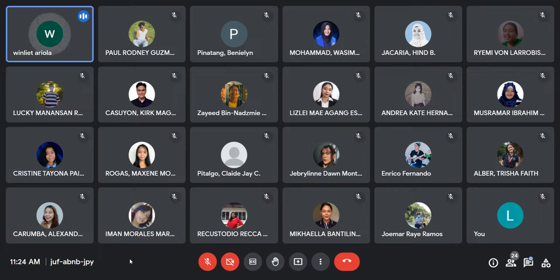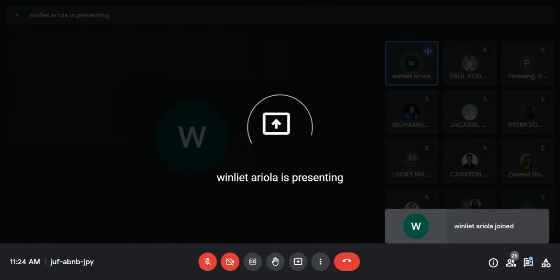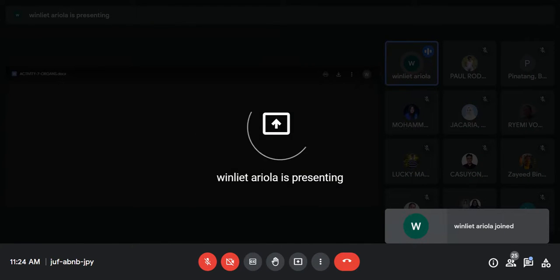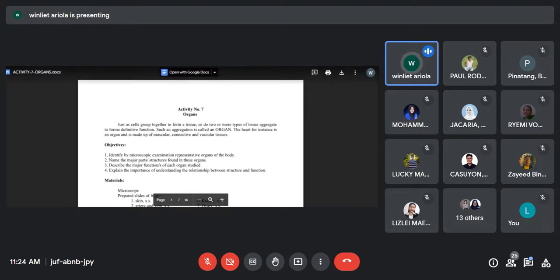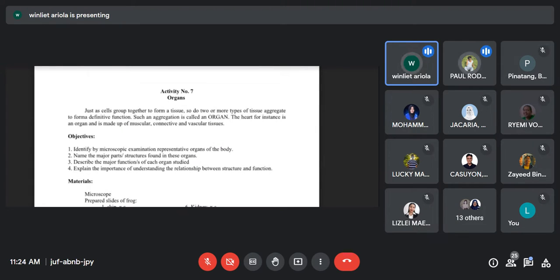Okay, also for the organs, I will be sending din. I also have a copy of the correct one. Although correct din naman yung presented, but remember last time nagkaroon ng problema sa numbering? Sa klase nyo ba yun? Or sa kabilang klase ko yun? Dito po ata yun, ma'am. Sinong nag-report ng activity 7?